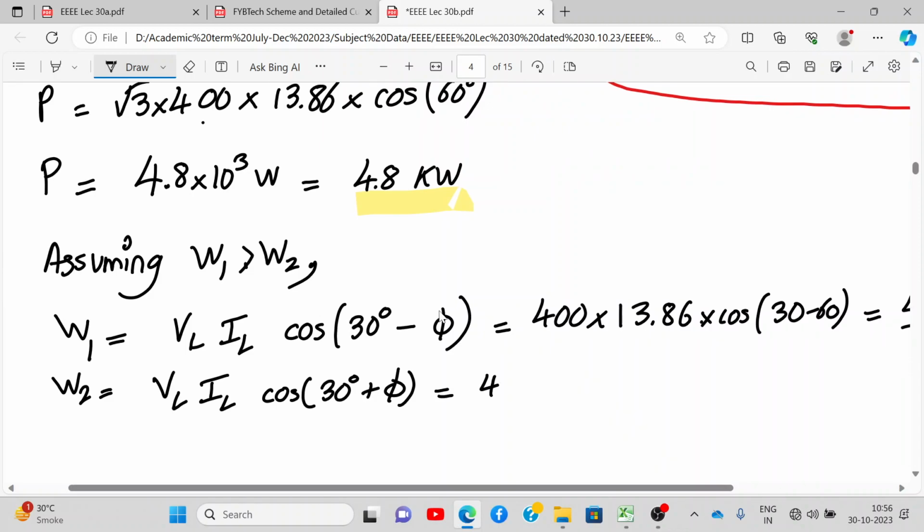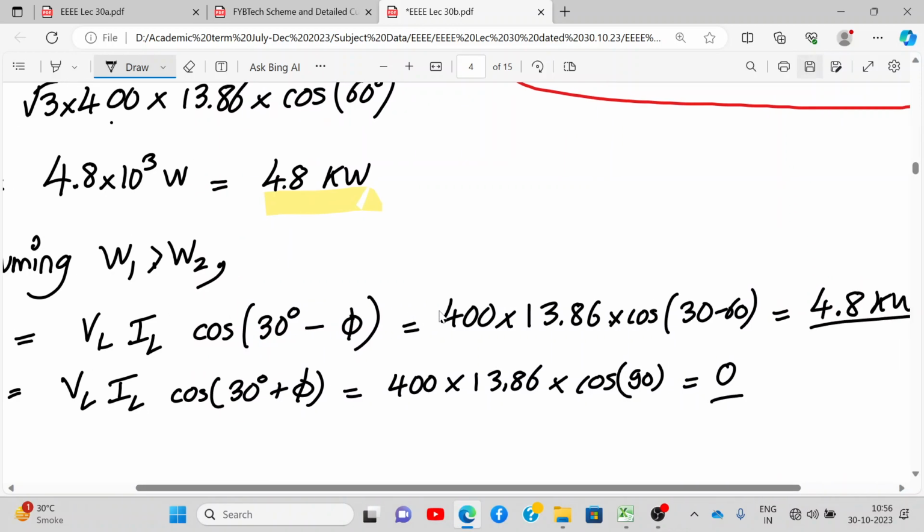And here you will have 400 into 13.86 into cos of 30 plus 60, so this will be cos 90. What is cos 90? 0. So one wattmeter reading is showing 4.8 kilowatts, other is showing 0, and the total power is 4.8 only.